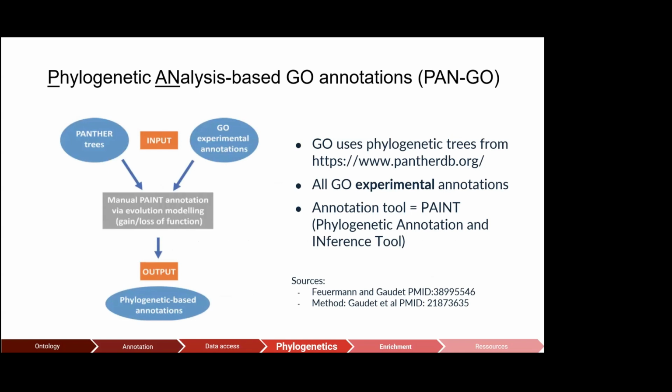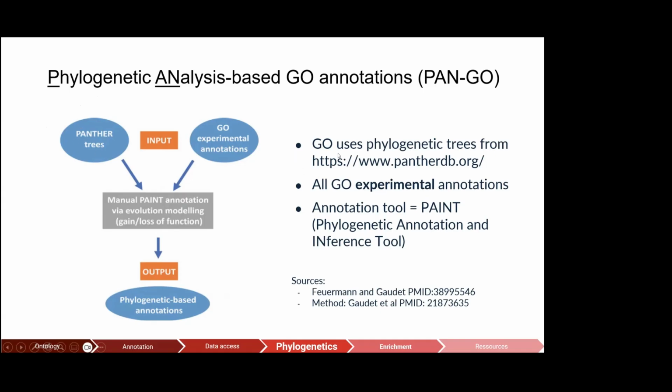To go through this, to analyze this, at the Go, we developed a new project. We call this PanGo, for phylogenetic analysis-based Go annotation. What are we doing, in fact? What is the principle? The principle is to use phylogenetic trees.